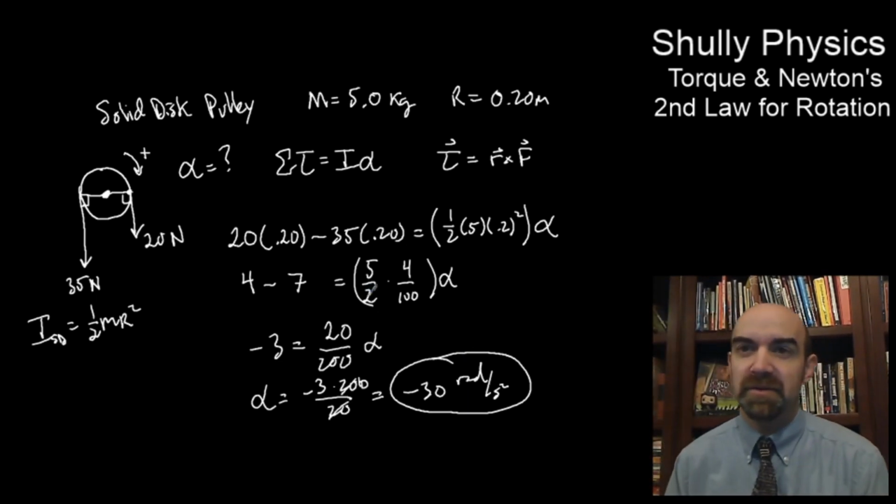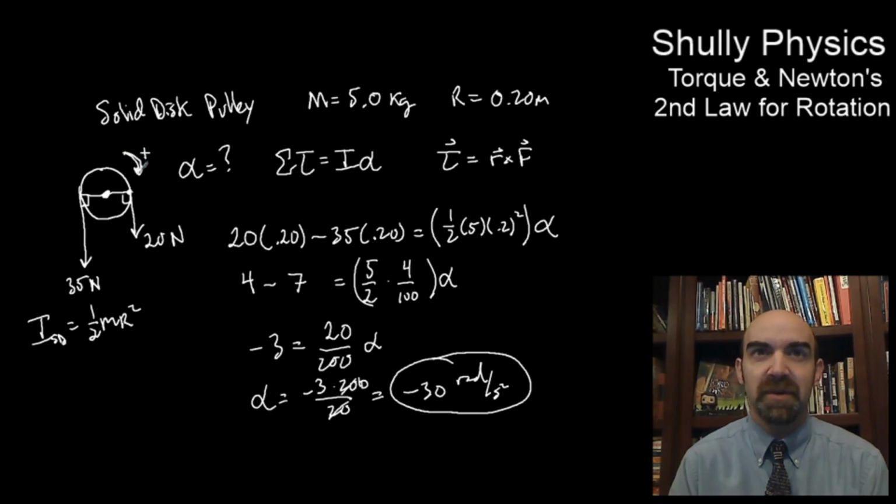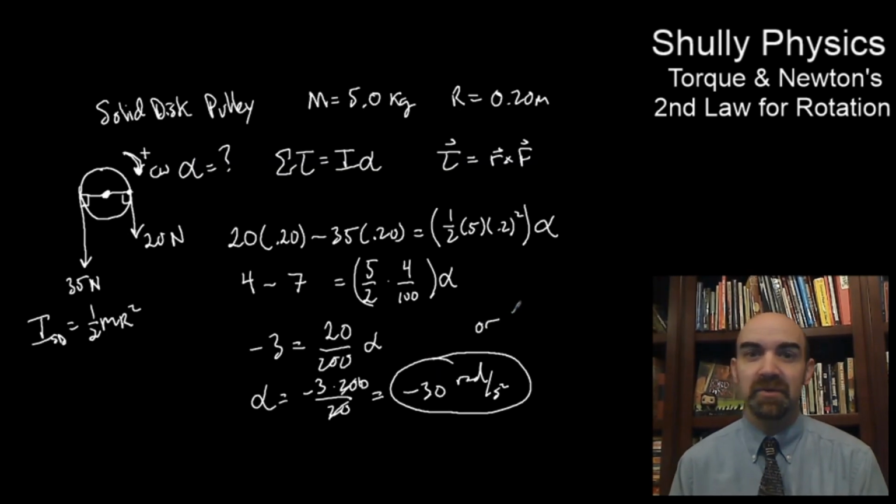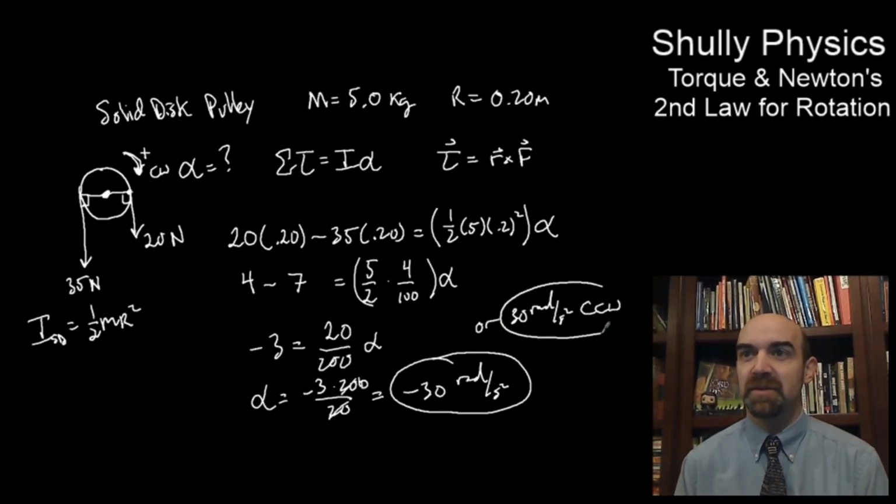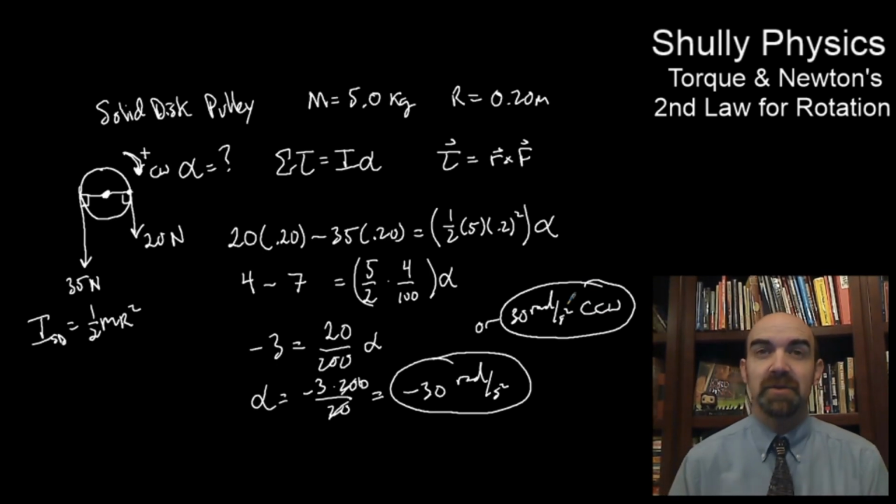Quick angular acceleration. The negative just means, since I defined this as positive in the clockwise direction, it's in the counterclockwise direction. So we could write that as 30 radians per second squared counterclockwise. That'd be the best description of that motion. And that's how you would go from there.